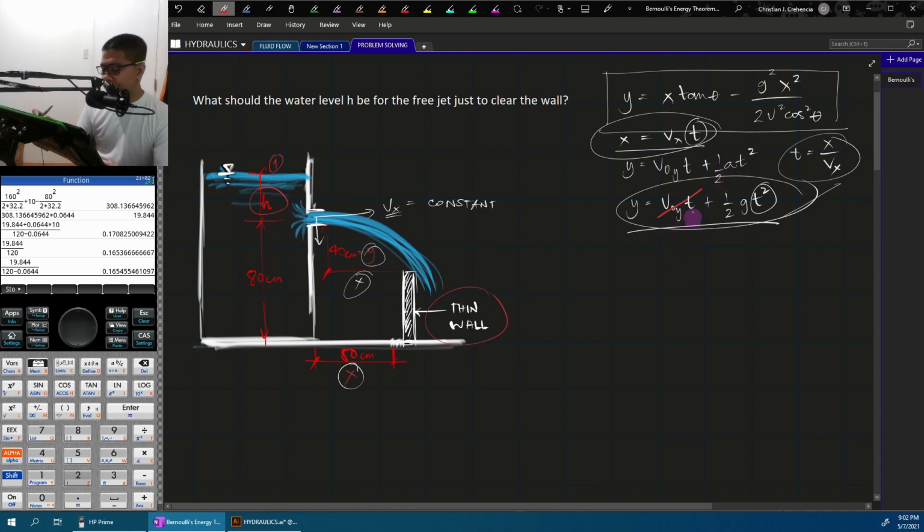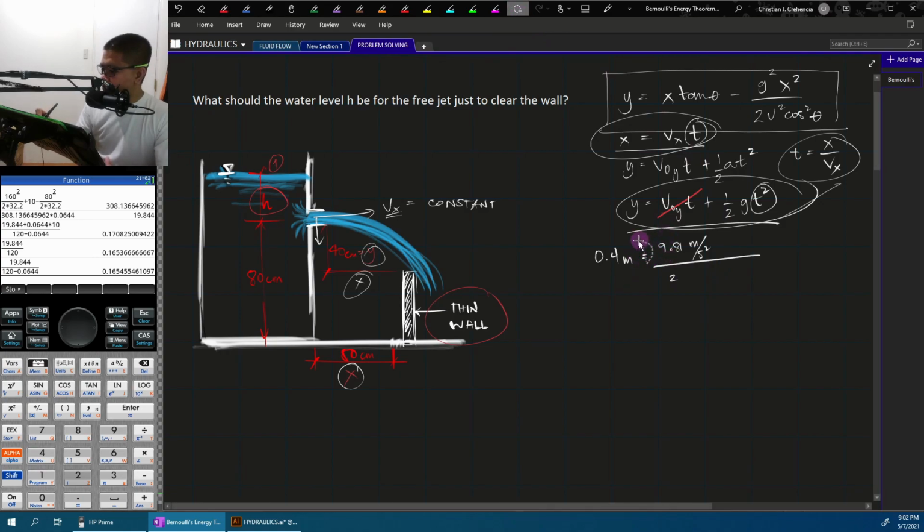Okay? So, solving for y, our y here is 40 cm. So, 0.4. 40 cm is 0.4 meter. Then, this is equal to gravity. We are using metric, no? 9.81 meters per second squared. Then, the time t over 2.